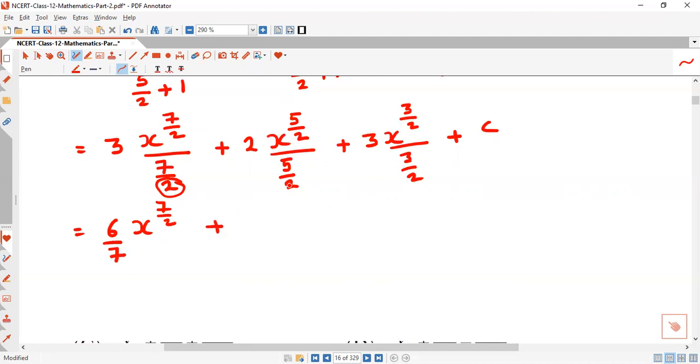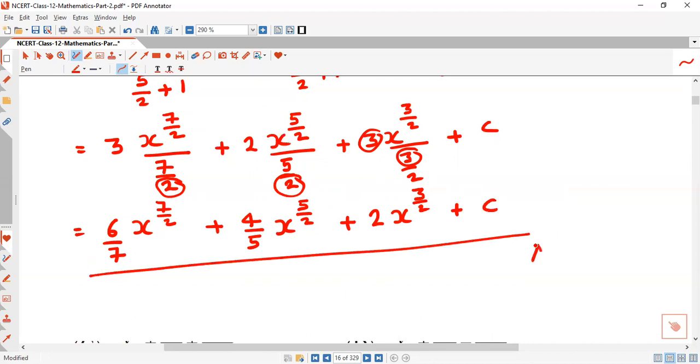Plus, this 2 and 2 become 4 upon 5, x raised to 5 by 2. Plus, you see, this 3 and this 3 will be cancelled out, and this 2 goes to the upper side. You see 2 x raised to 3 by 2 plus some constant c. This is the answer of this question.